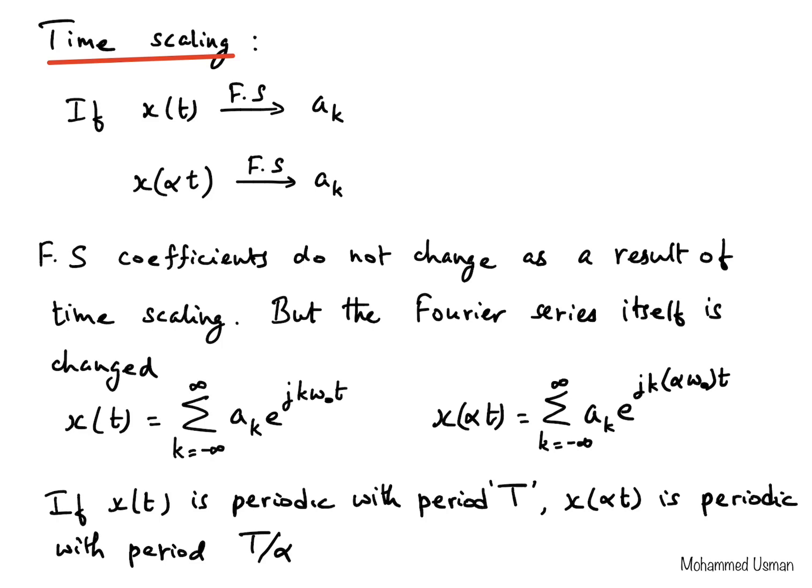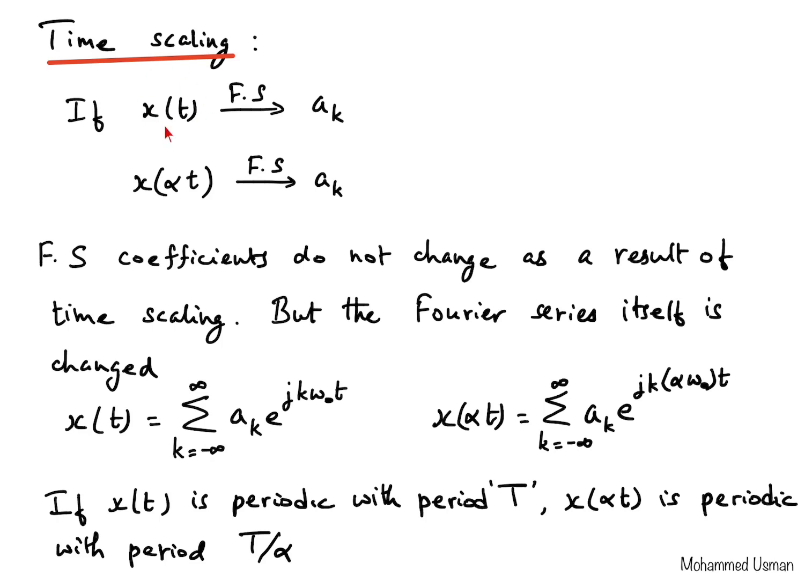The reason is that while the signal x of t has the Fourier series representation given by the infinite series summation of a_k e to the power j k omega naught t, x of alpha t has the representation summation of a_k e to the power j k alpha omega naught t. So it is k omega naught in one case, but k times alpha omega naught in the other.